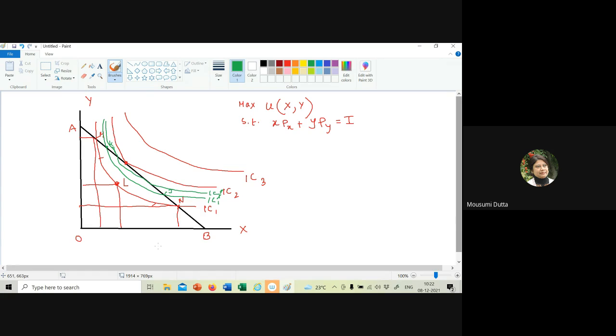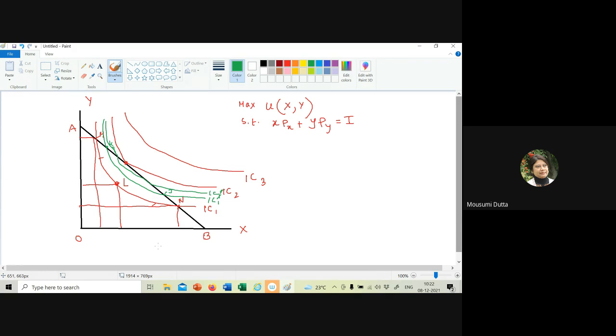And the process can go on and on, starting from IC1 to IC1 prime, to IC1 double prime, IC1 triple prime, etc. Now, in this way, when the consumer is moving to the rightward direction continuously, or moving to higher and higher indifference curves, finally, the consumer can reach the indifference curve marked as IC2.